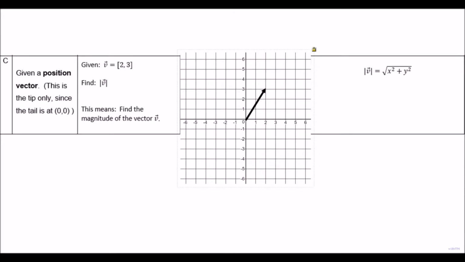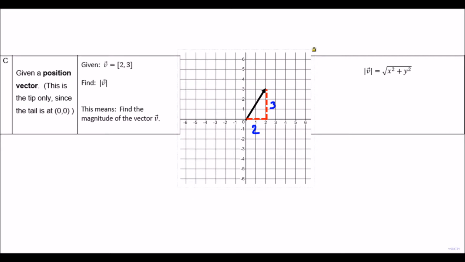Continuing on, here we go for the position vector. If I want to find the magnitude of the position vector, notice the tail is at the origin, that's what we want. We want the magnitude of v, so again, we pull the same thing geometrically. We drop a vertical and horizontal and measure the side lengths. So this is 2, this is 3. Very conveniently, that's actually the position vector.